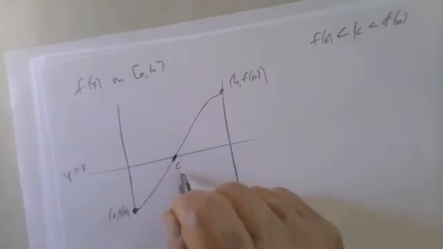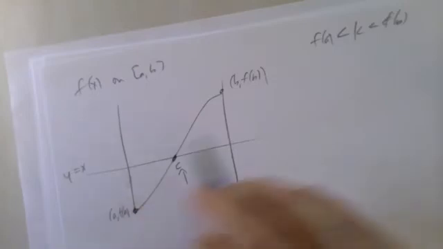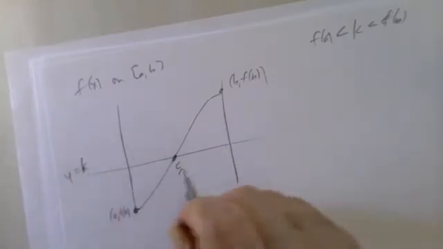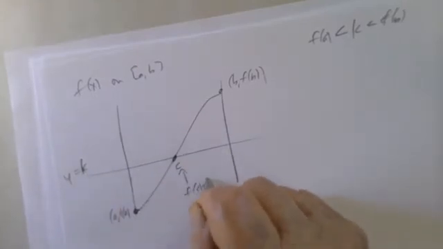So there's some point C, and at that point, sorry, this is line y equals K, f of C is equal to K.